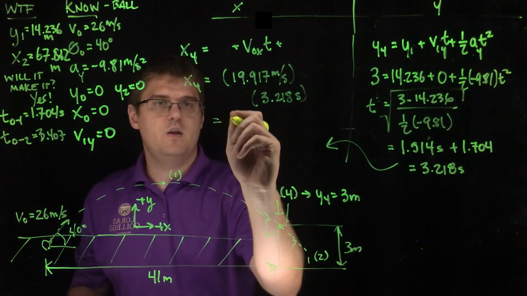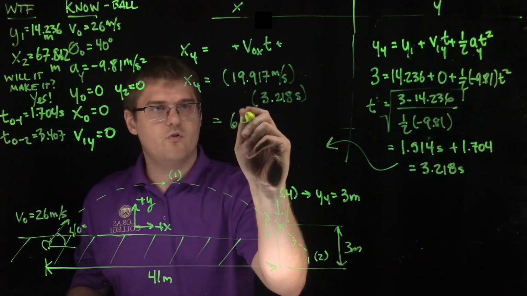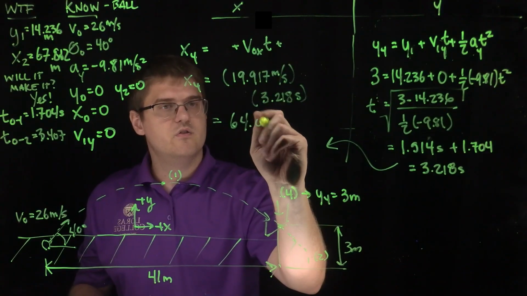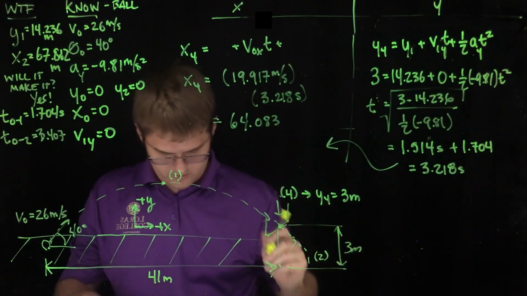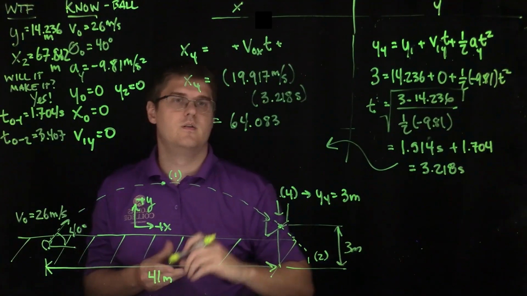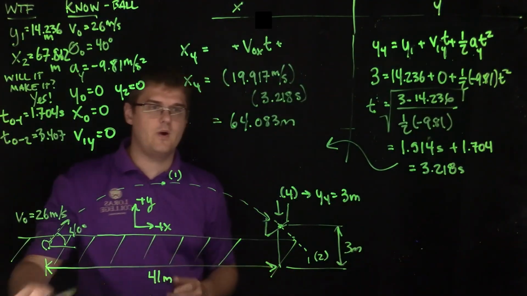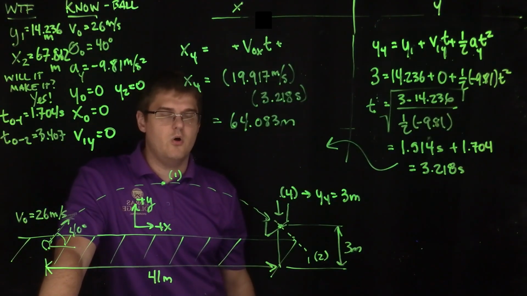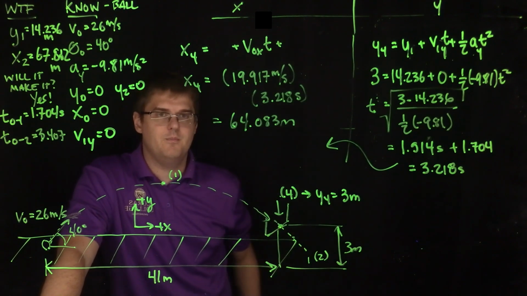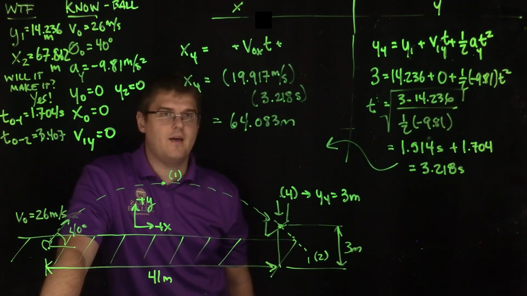That is going to give me a distance of 64.083 meters. So it goes 64.083 meters before it sinks below the 3-meter high board. That is well past said board, and we are all set.